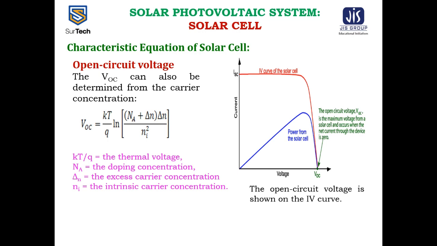The above equation might indicate that the VOC goes up linearly with the temperature. However, this is not the case, as I0 increases rapidly with the temperature, primarily due to the change in the intrinsic carrier concentration Ni.